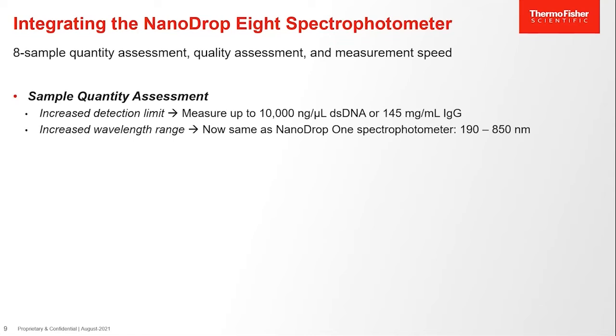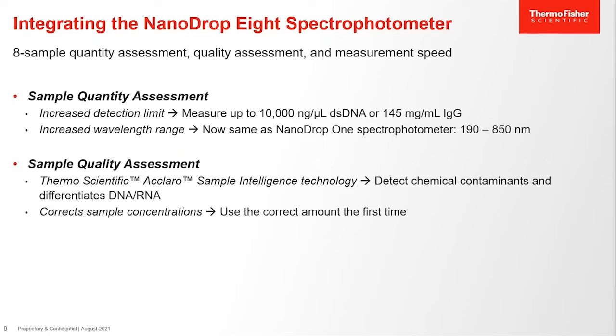It's now able to measure up to 10,000 nanograms per microliter of double-stranded DNA, or 145 mg per mL of IgG, and it has an expanded wavelength range from 190 to 850 nanometers, same as our NanoDrop 1 spectrophotometer, and this really is helpful for identifying sample purity.